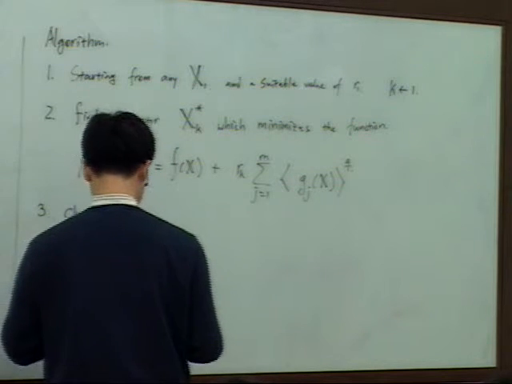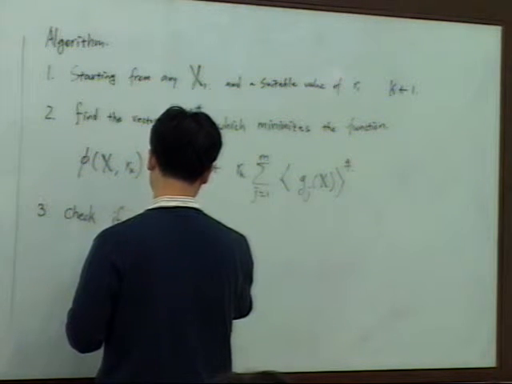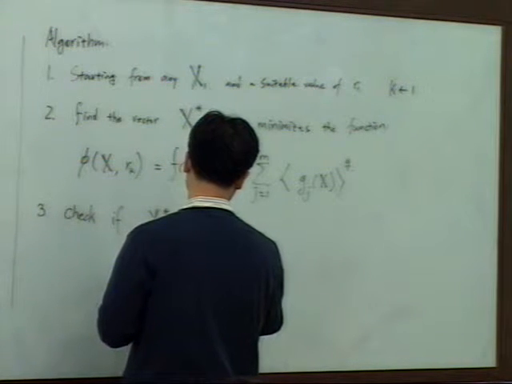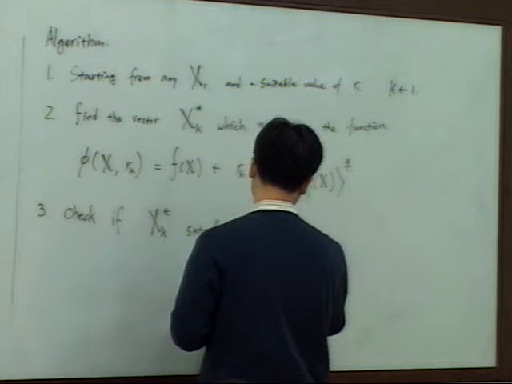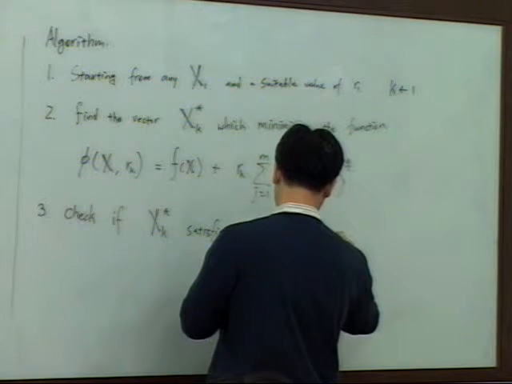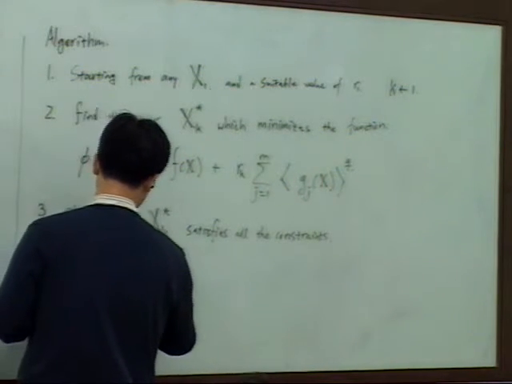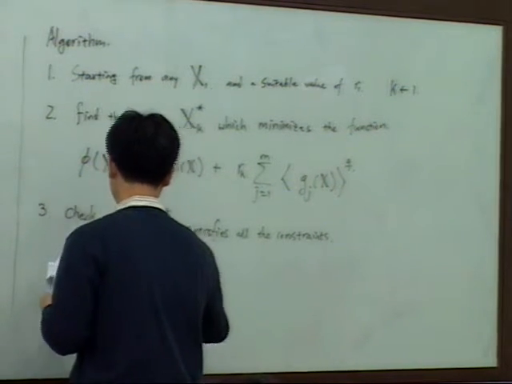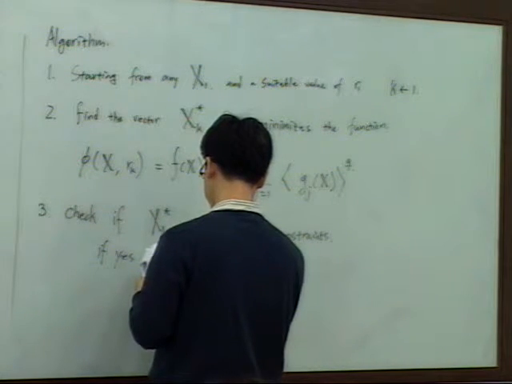Okay. And the third step, check if the point x of k star satisfies all the constraints. If yes, stop.